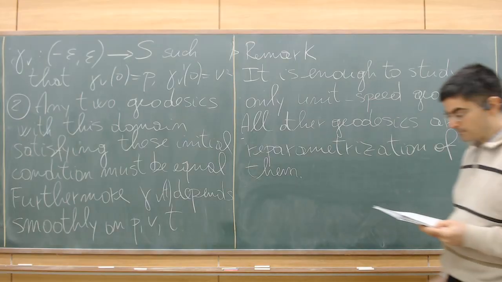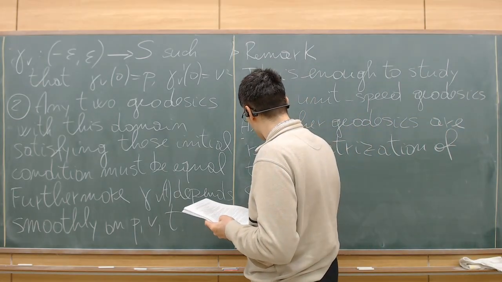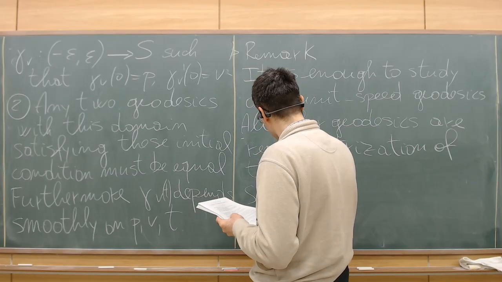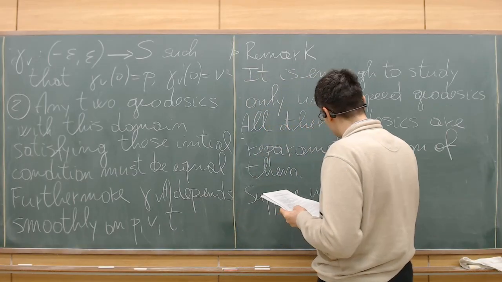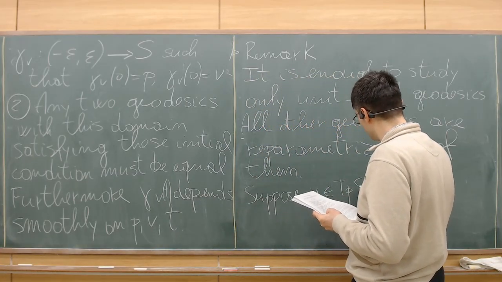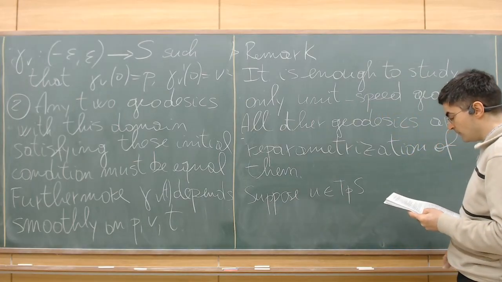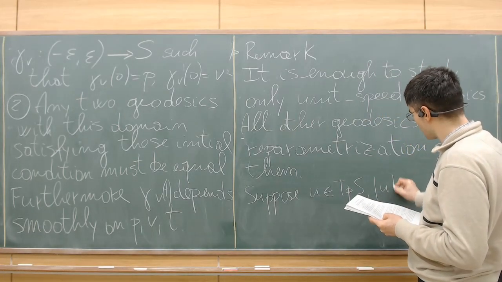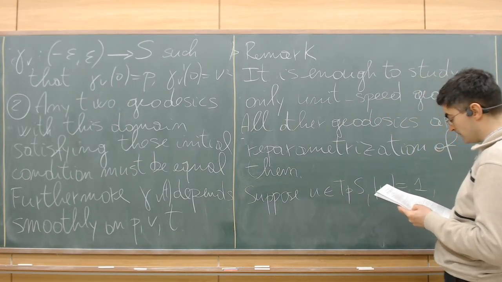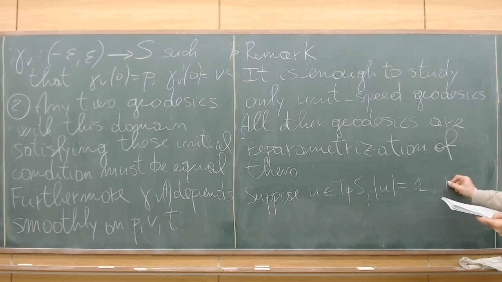Suppose that u is a tangent vector of unit length and r is a non-zero number, sufficiently small.